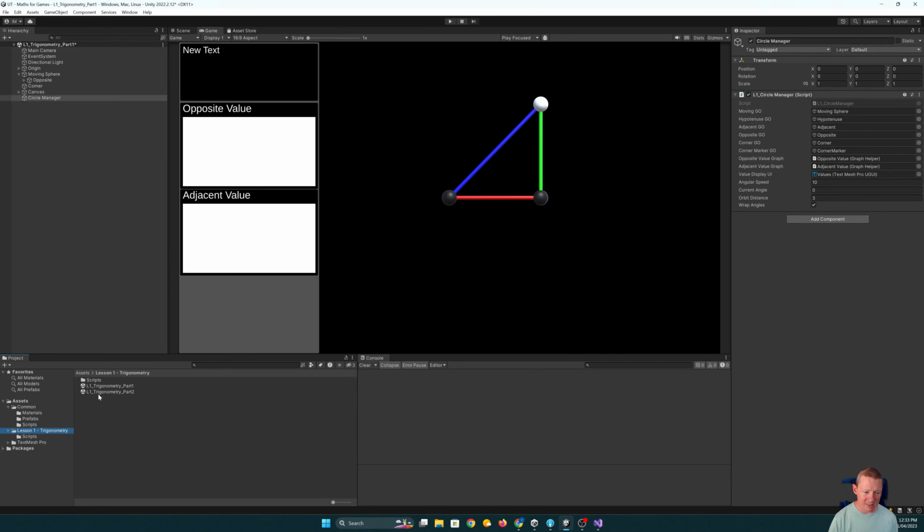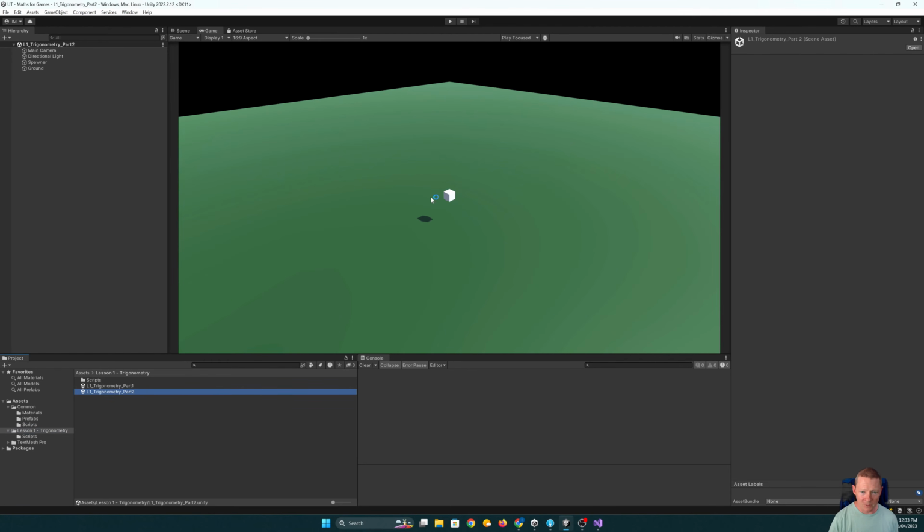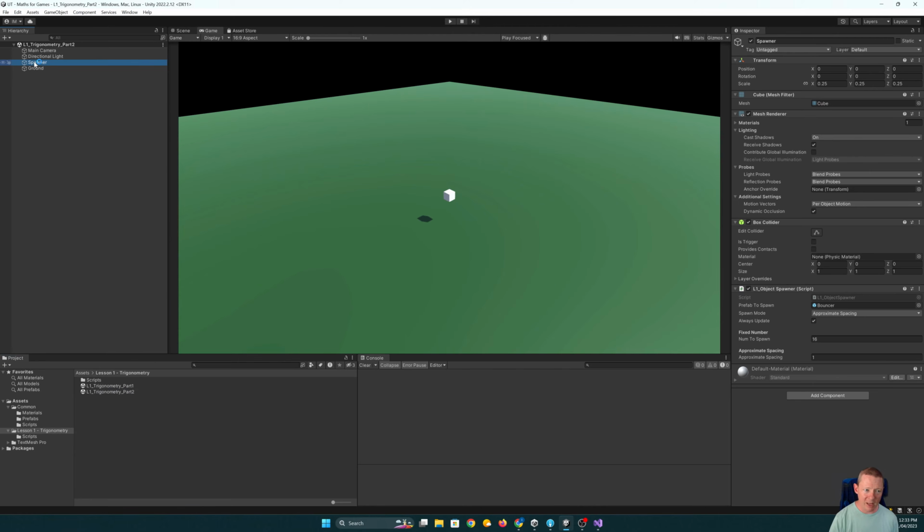So I have another scene here, and what we're going to do is that we have this spawner. I've got a prefab that it's going to spawn, and I want to have some options in terms of the mode that it spawns in. I want an option for spawning a fixed number of them, which I'm going to switch it to for now.